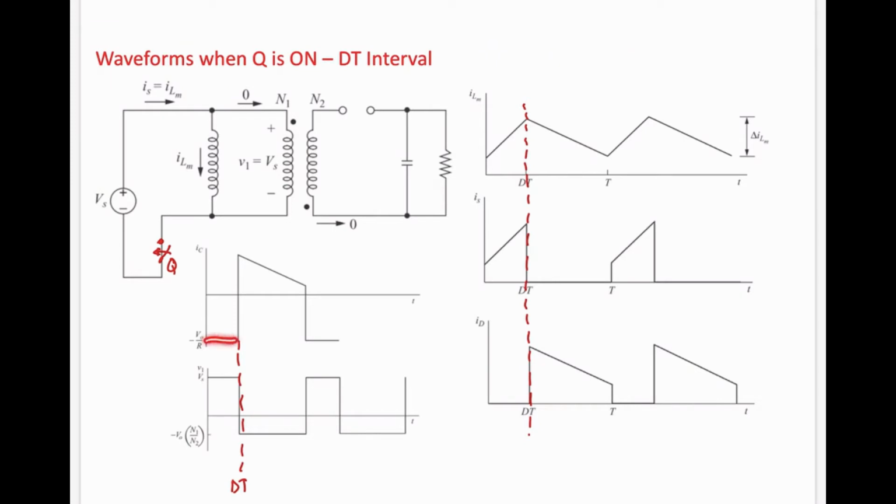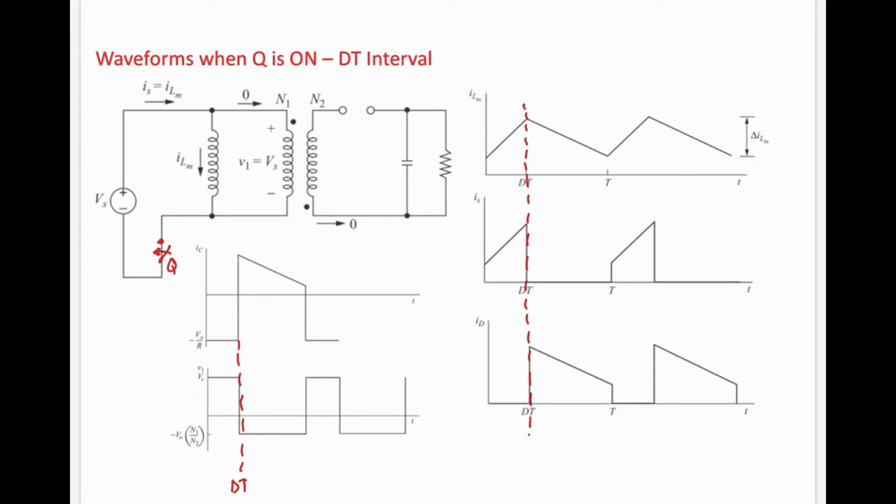So the capacitor current will be minus V naught by R. And the voltage across your primary winding is equal to Vs. The voltage across your secondary winding would be obtained by multiplying with the turn ratio, but that is not applied to this part because your diode is in the off state.